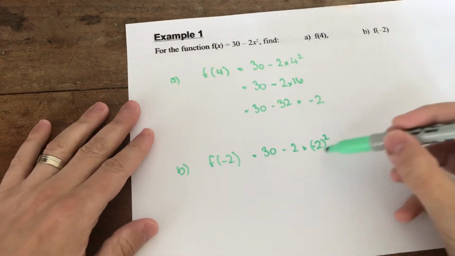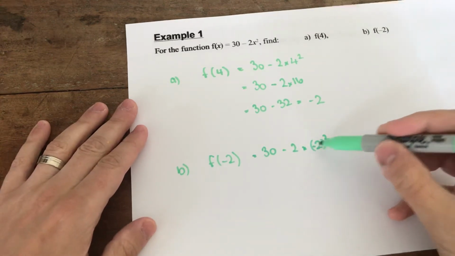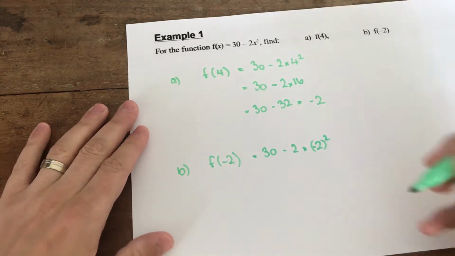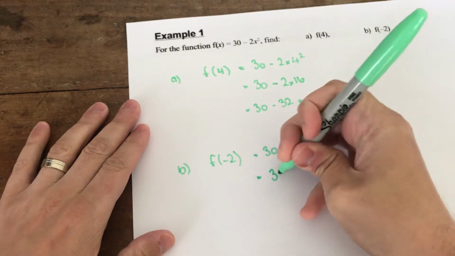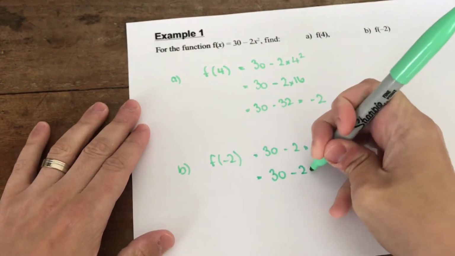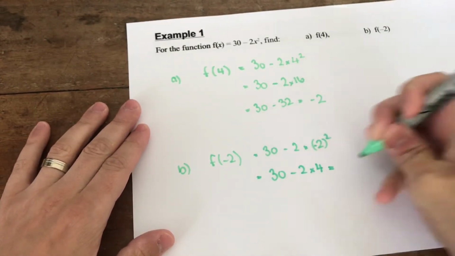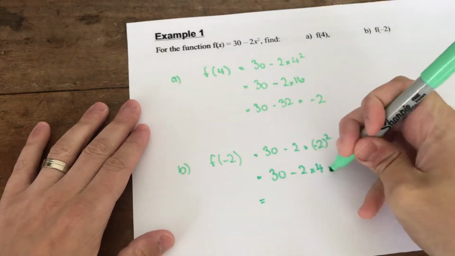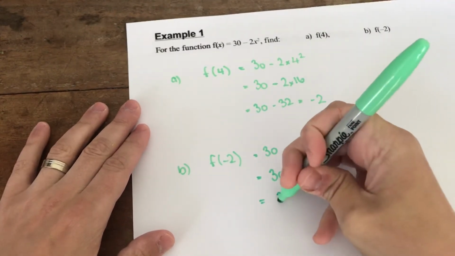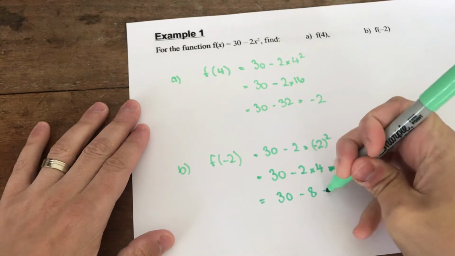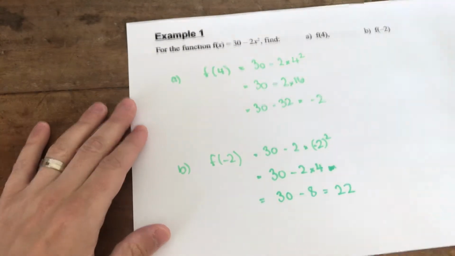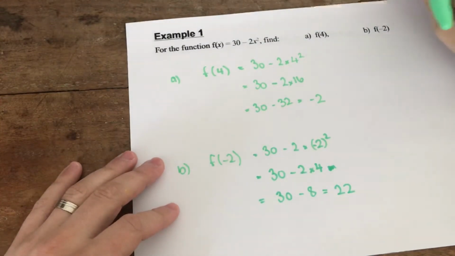If I was to put this into a calculator, I would have to put brackets around my negative 2. So I get 30 minus 2 times 4, and then that's going to give me 30 minus 8, which gives me 22. And that is my final answer for that there.